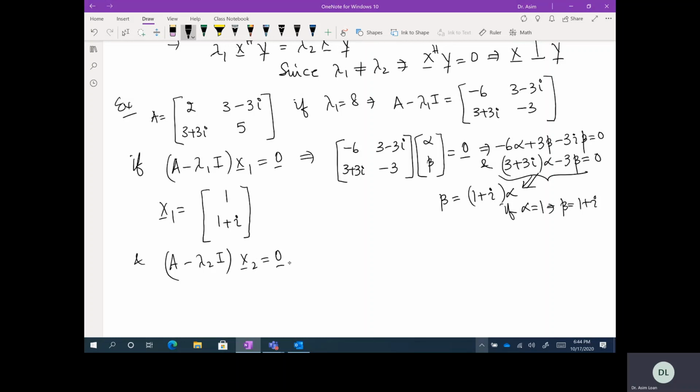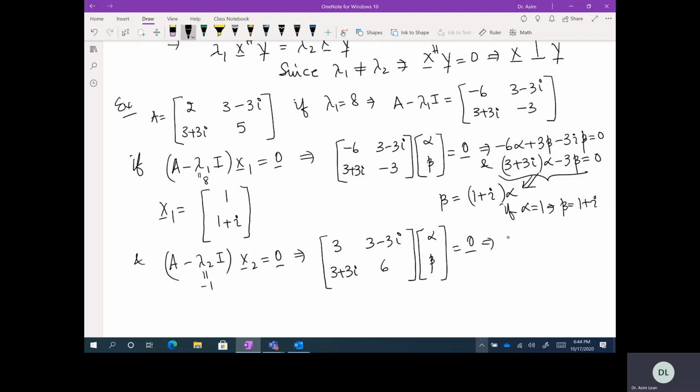And for the second eigenvalue, A minus lambda 2 I into x2 equals 0, this lambda is minus 1, this lambda was 8. So 2 plus 1 is 3, 3 minus 3i, and this is 3 plus 3i. So 5 plus 1, 6, into [alpha, beta] equals 0.